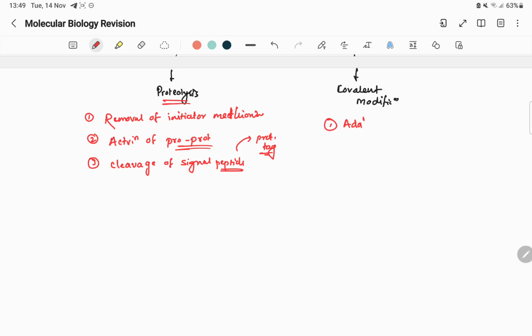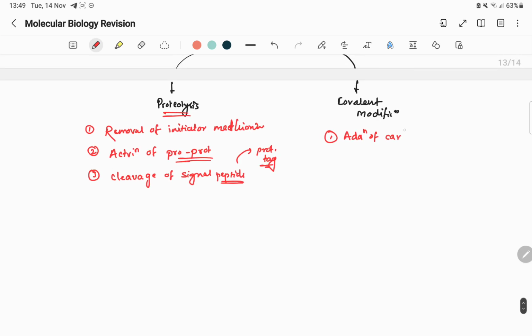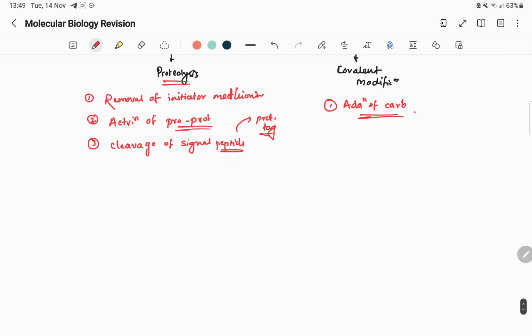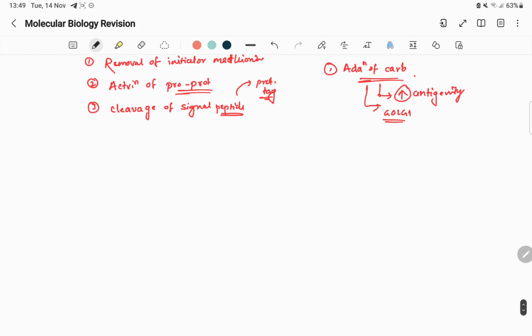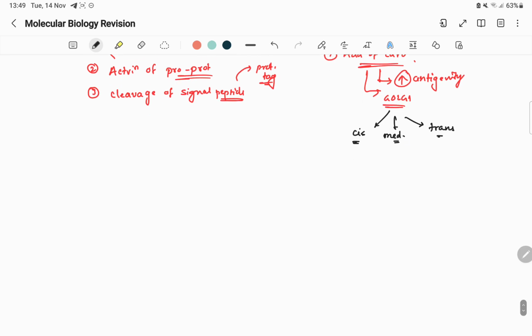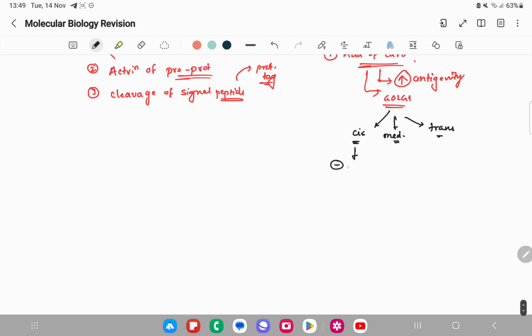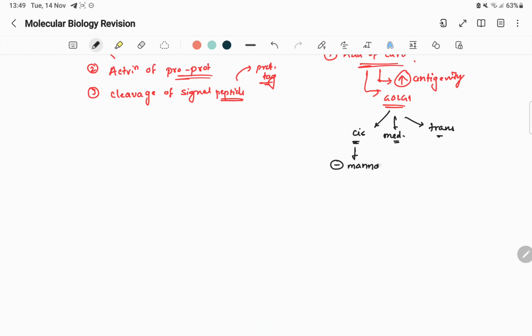First is the addition of carbohydrates, which adds to the antigenicity of the protein. This occurs in the Golgi apparatus, where the three sides of the Golgi have different functions: the cis side, the medial side, and the trans side. The cis side of the Golgi is helpful in removing mannose.